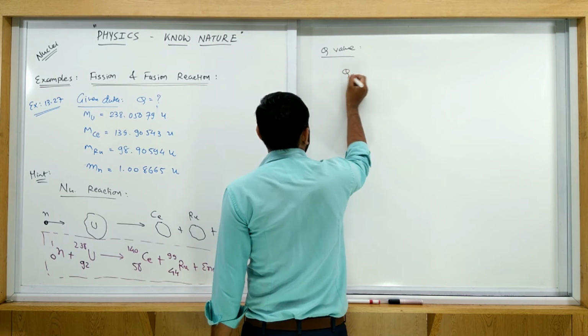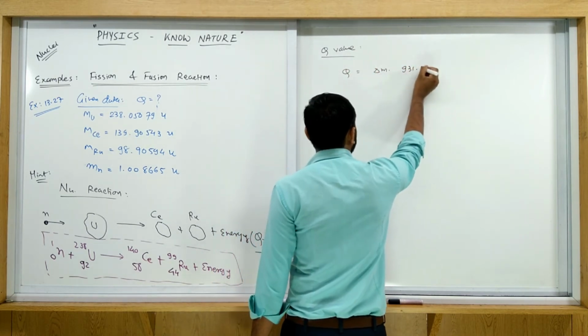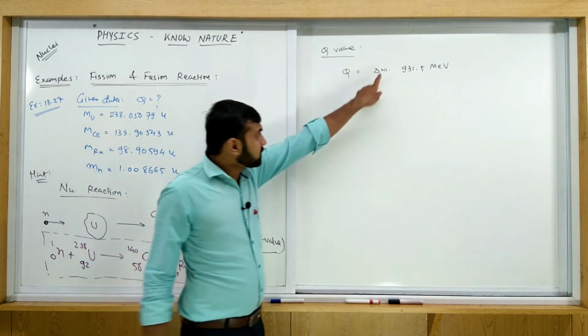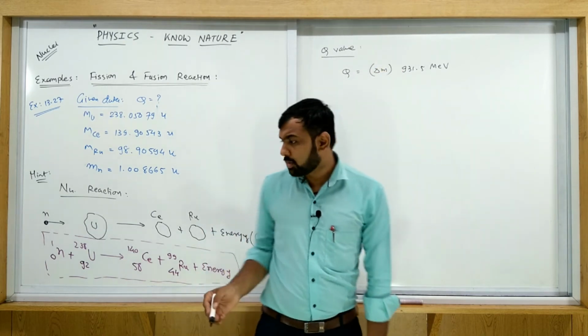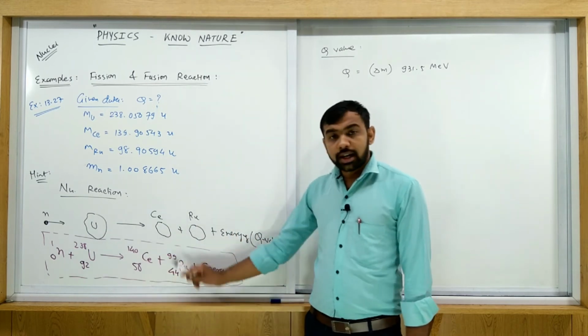Q is equal to delta M into 931.5 MeV. What is this delta M? Delta M is equal to the total left hand side mass minus the total right hand side mass.